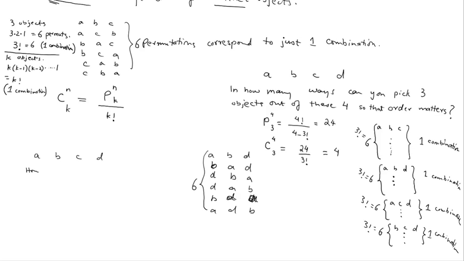How many ways can you pick? First, let's do 2 objects. How many ways can you pick two objects out of these four when order matters and when order does not matter?